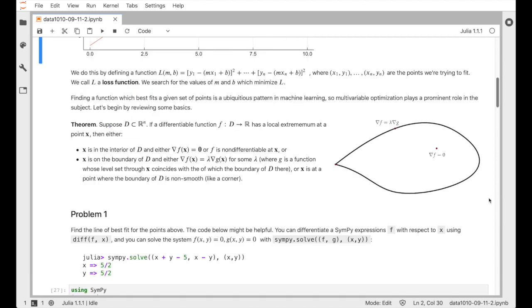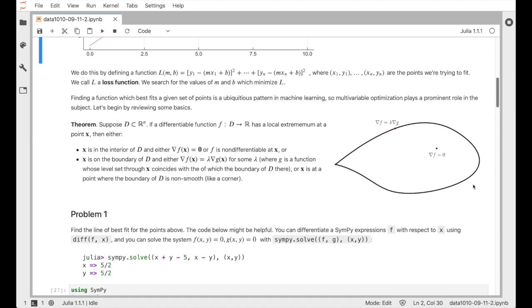So the main optimization theorem for multivariable calculus, this theorem really combines a few different ideas from a multivariable calculus class. But essentially, the point is that if you have a differentiable function that has a local extremum at a point, and the extremum is inside the domain, then the gradient is 0.